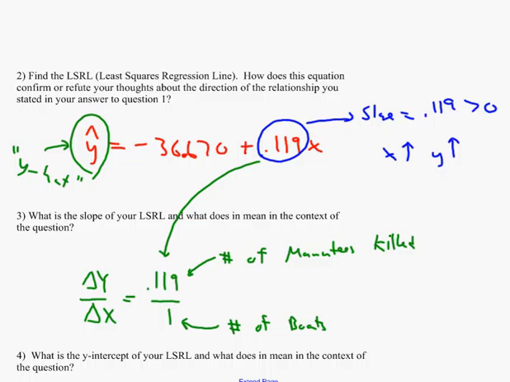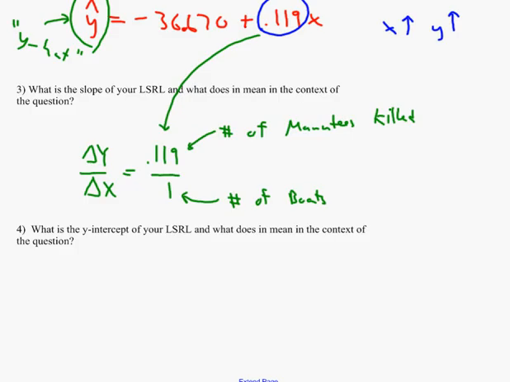So now all you need to do is put that into a sentence. What do we know here? If we look at that denominator, that's 1, and the numerator is 0.119.